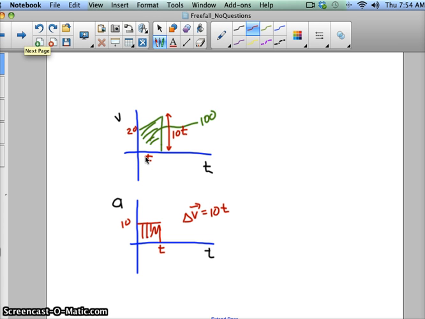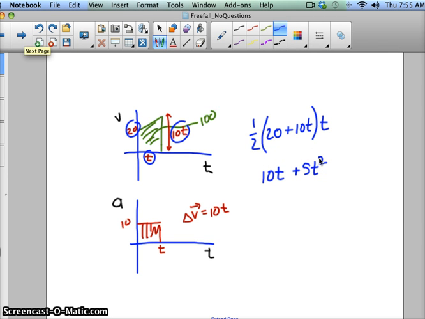And I can use the area of a trapezoid, which is going to be the average of my velocities times my time. So 1/2 times 20 plus 10t times t, right? And I guess I'm going to have to distribute by 1/2 t. So that's going to be 10t plus 5t squared, right?